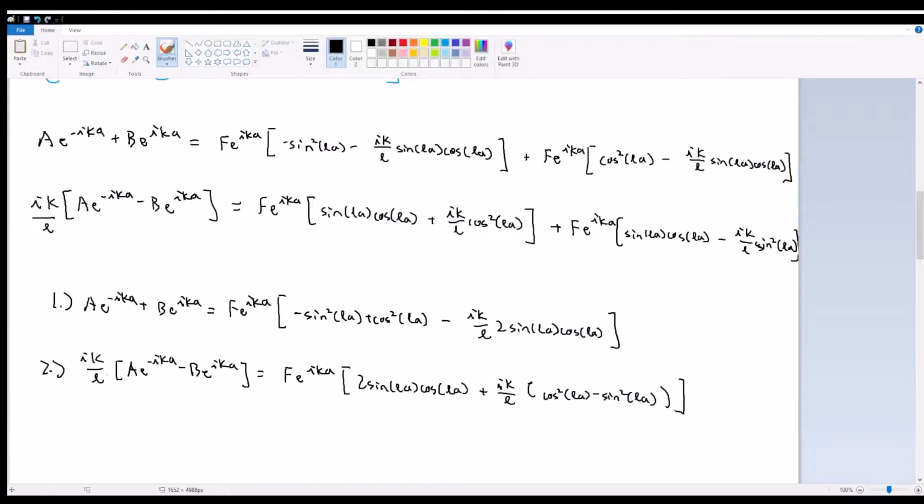And immediately we can take advantage of the double angle identity. First off, this term right here is just sin(2la), so we can replace that.